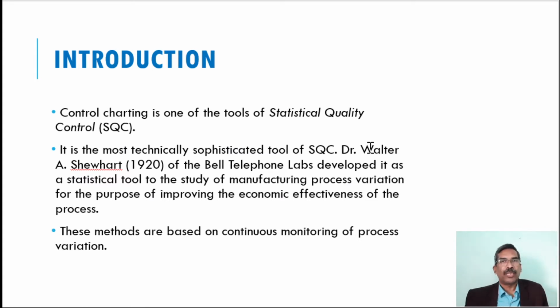This may be the length, width, thickness, internal diameter, external diameter, etc. But a quality parameter which cannot be directly measured can be shown in terms of attributes, and in that case we can only judge that quality is good or bad, pass or fail, defective or good product. So in this way we can divide quality parameters into two categories: variable and attributes.